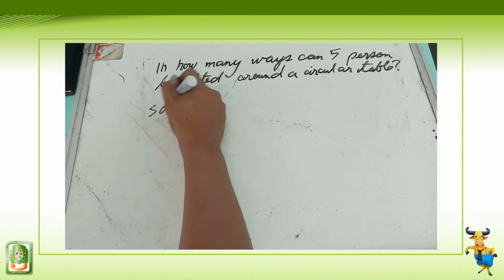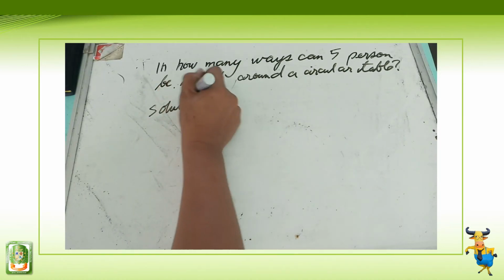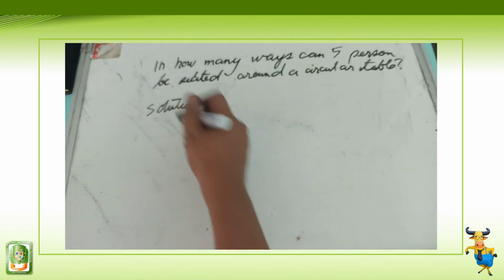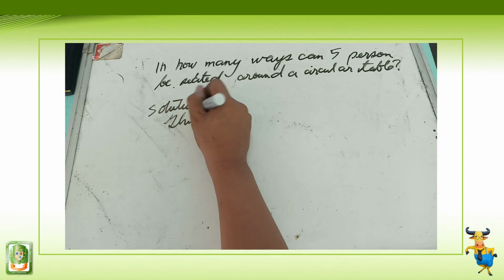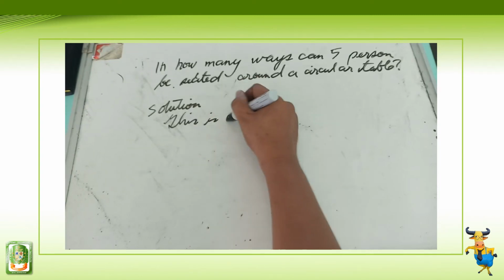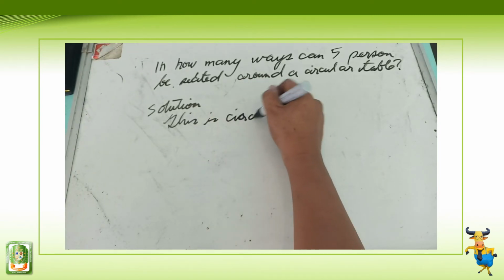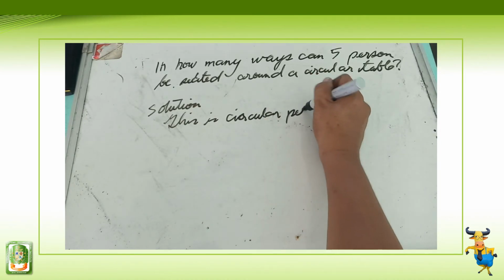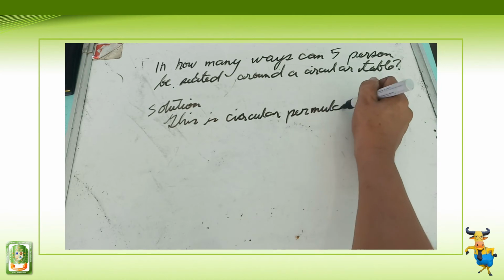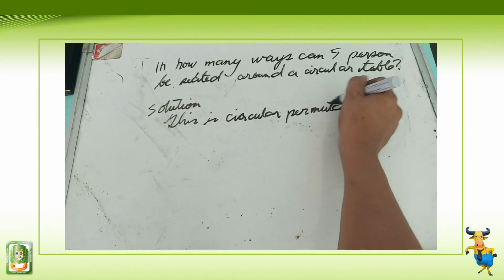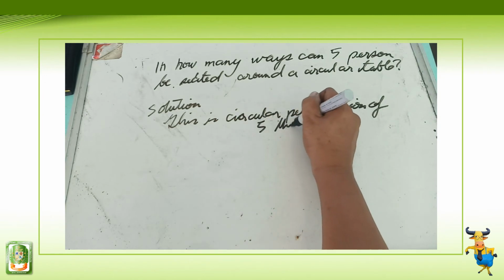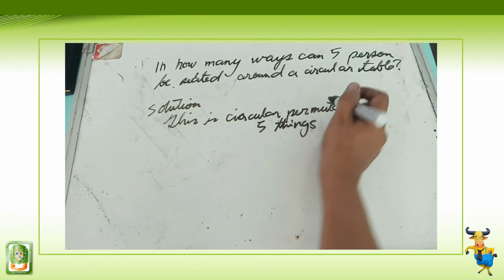So, solution. This is a circular permutation of 5 things.